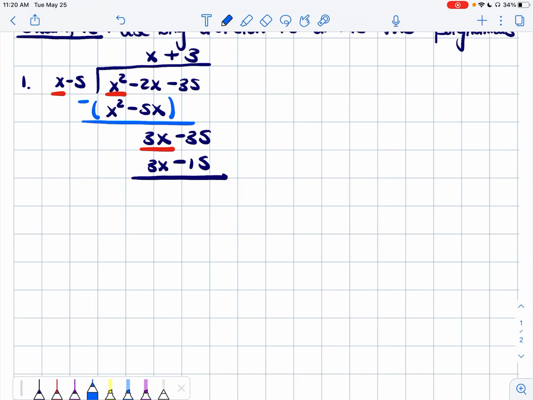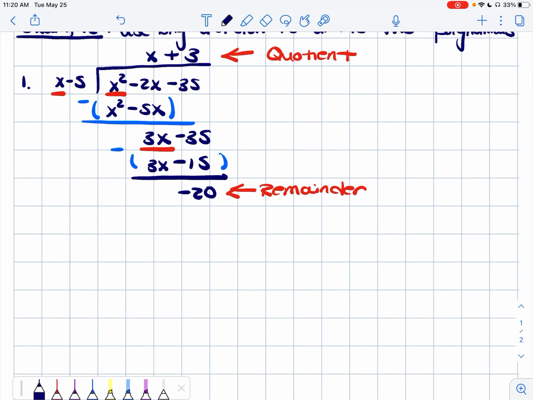All right, subtract. So the 3x minus 3x, that cancels out. Negative 35 minus a negative 15 would give us a negative 20. We can't go any further because an x can't go into a negative 20. So the negative 20 is our remainder, and the x plus 3 is our quotient.